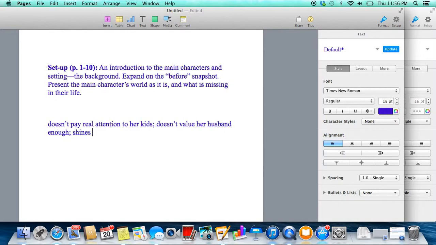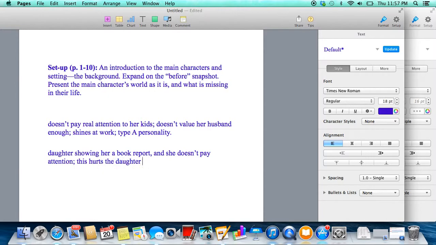Let's say she shines at work and she's a type A personality. So the question is, what scenes, what images exemplify this? If she doesn't pay attention to her kids, maybe her daughter is showing her a book report, she doesn't pay attention, and we see that this hurts the daughter's feelings.